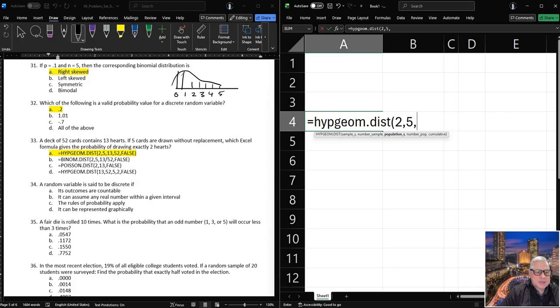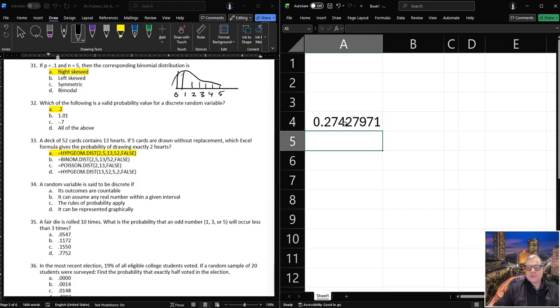How many hearts are in there? 13. How many cards do we have in total? 52. And then we don't want it cumulatively, exactly 2, so 0. So that probability would be 27%.